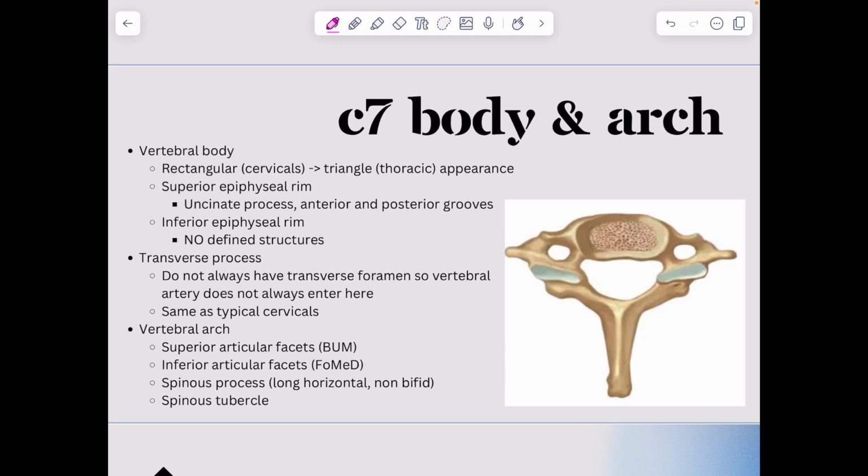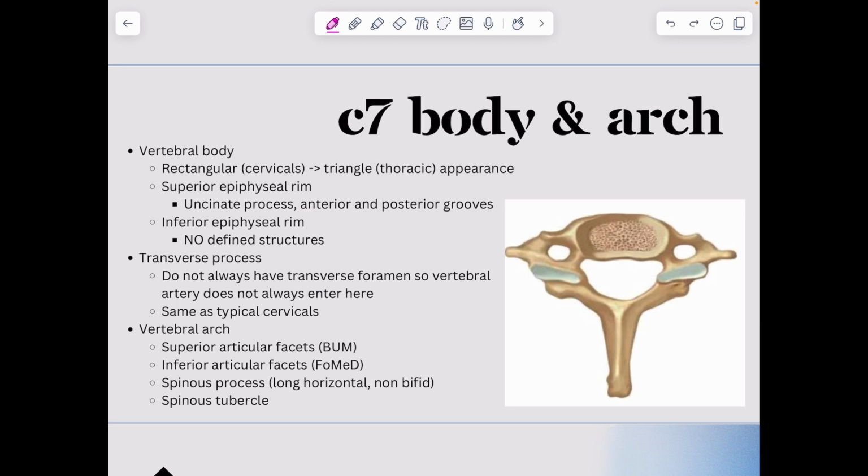The transverse process, so we don't always have a transverse foramen right here, so the artery doesn't always enter there. It enters at C6 a lot of the time. And then it's the same as typical cervicals because we're in that transition zone. For the vertebral arch, the superior articular facets are going to be backward and upward, and the inferior articular facets are going to be forward and downward.